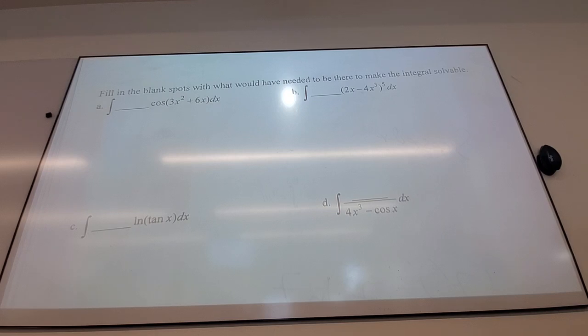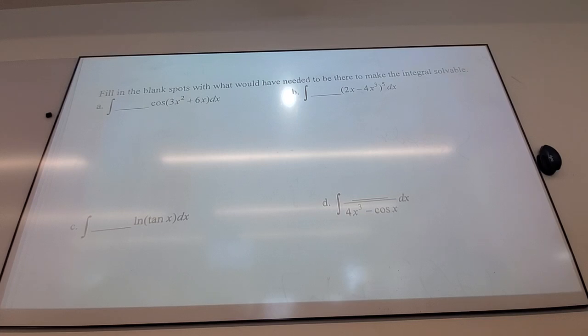All right. Start with natural log of tangent. What is its derivative? 1 over tangent times the derivative, secant squared. Okay. Now, here's the key. If secant squared was here, here's what we could do. Let u equal tangent.